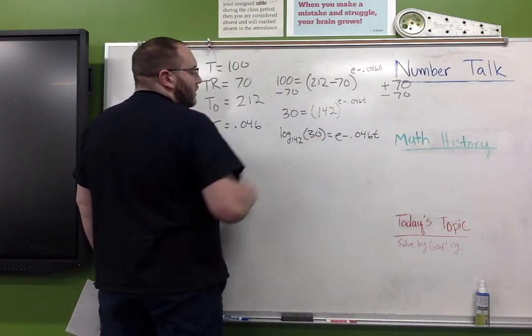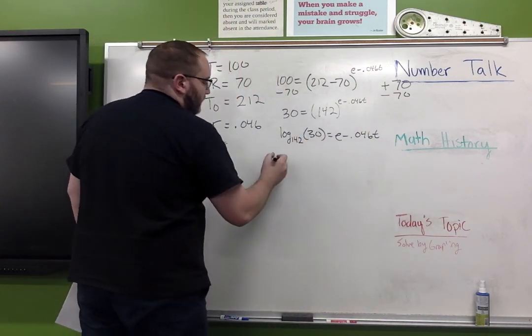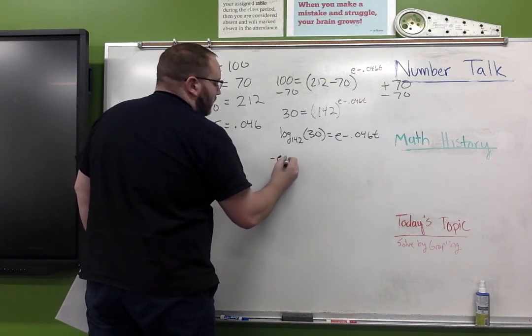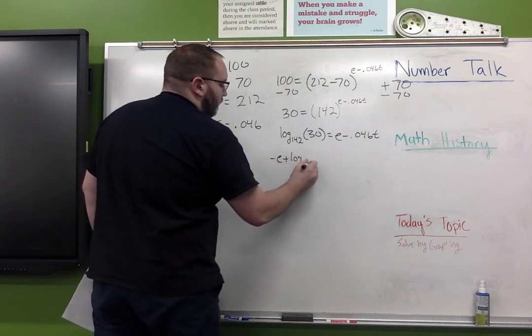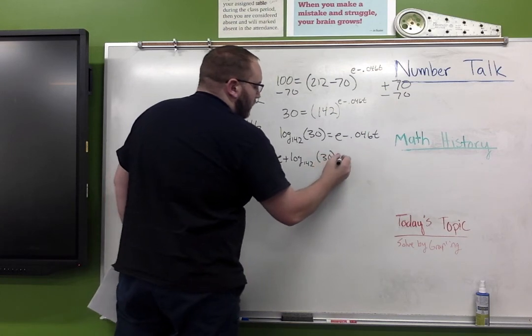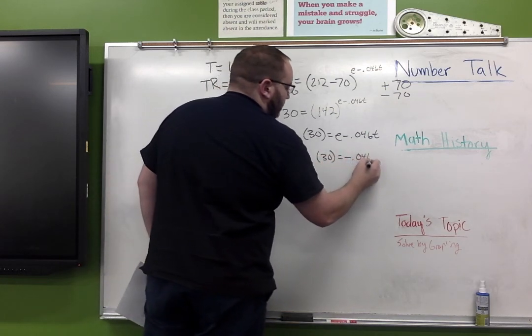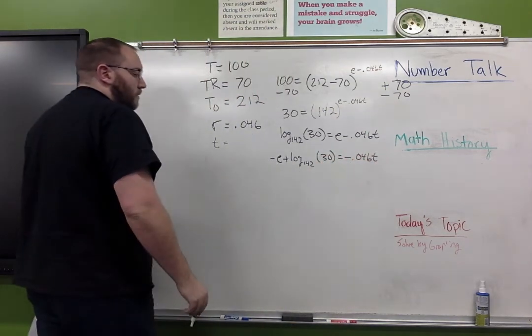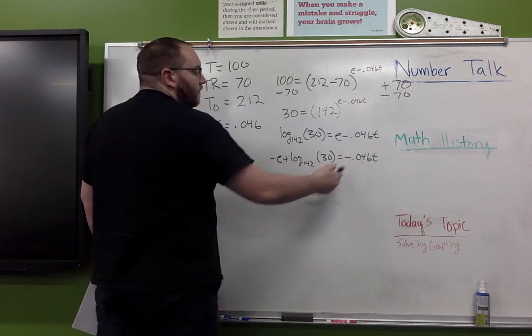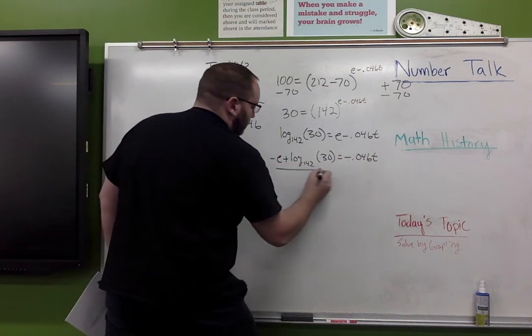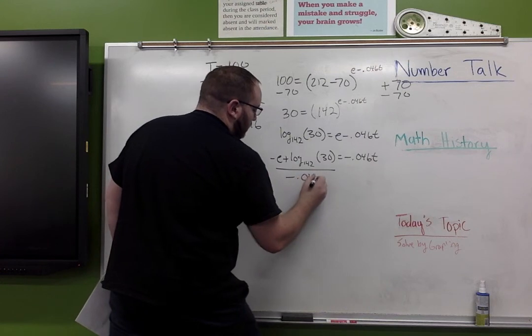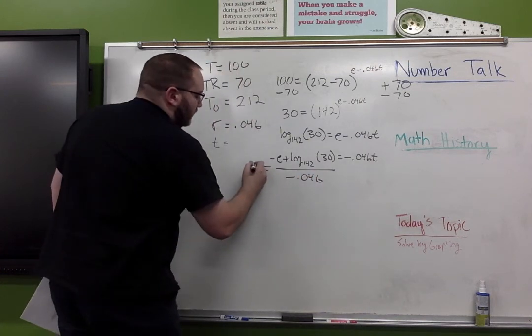I'm going to subtract the constant from both sides. So negative 70 plus log base 142 of 30 equals negative 0.046 t. Divide everything by negative 0.046, and this is equal to t.